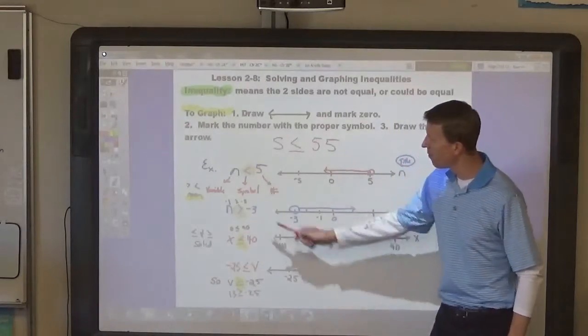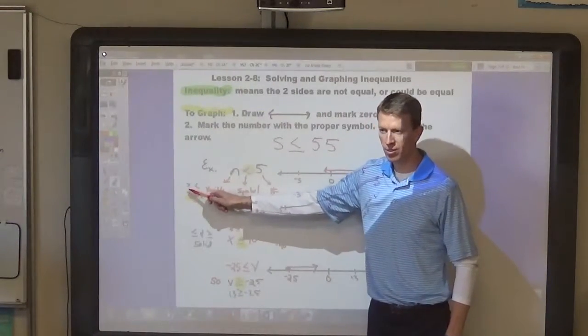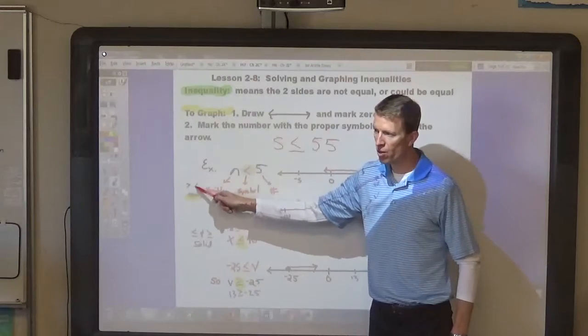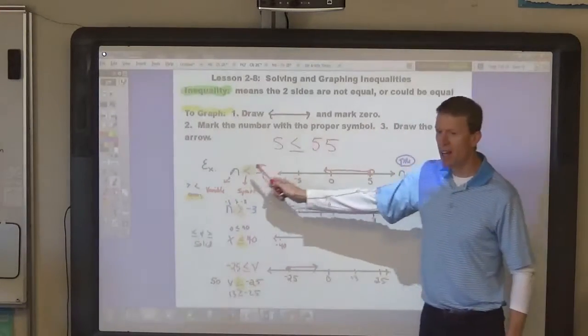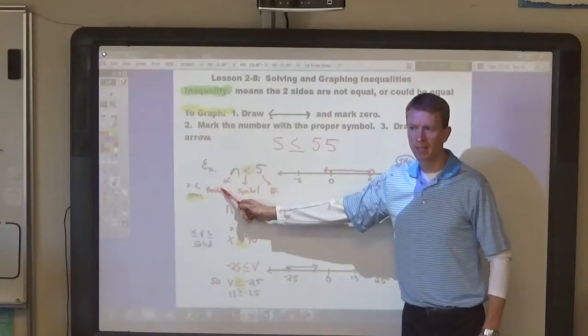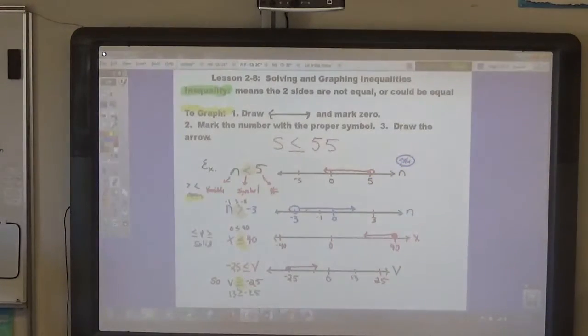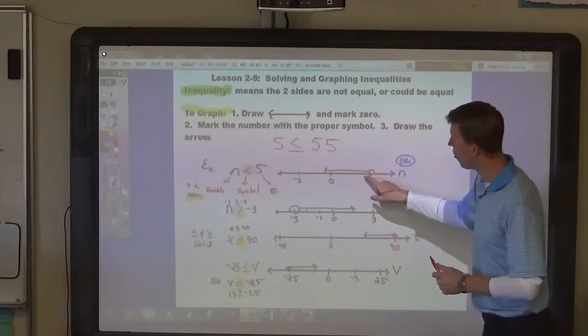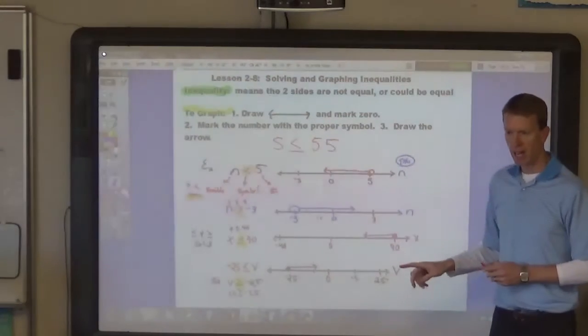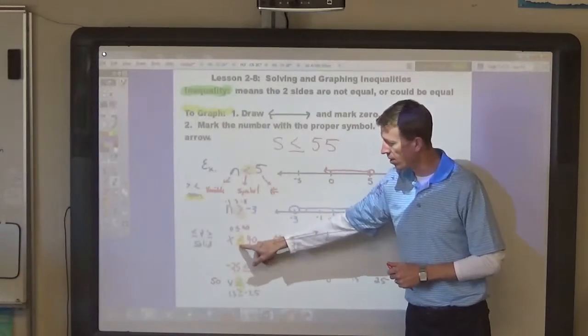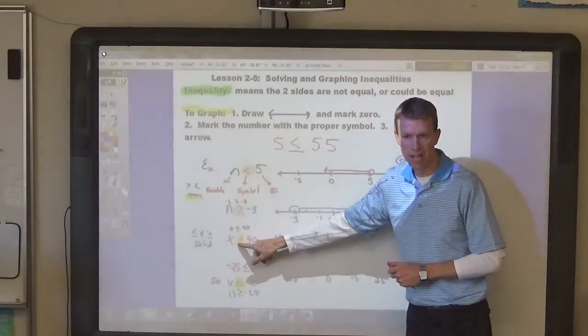Okay? Whenever you have just the arrow, either the greater than sign or the less than sign, then you use an open dot. So if it just has the arrow, you only use an open dot. And if it has the equal to part, the line underneath, you use a solid dot.